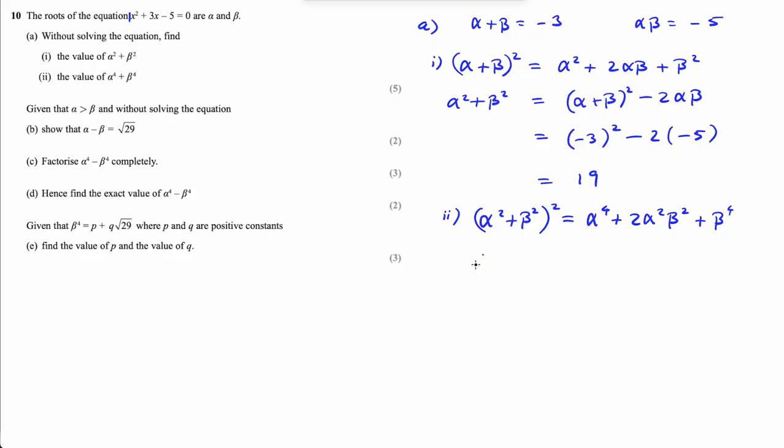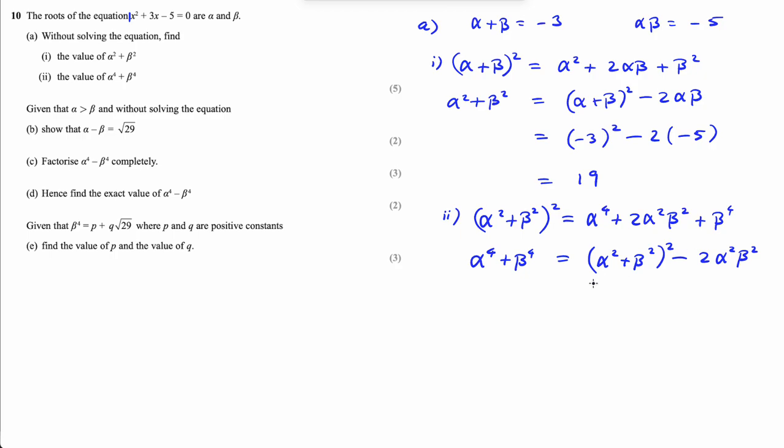And then in a similar way to what I did above, alpha to the 4 plus beta to the 4 equals alpha squared plus beta squared, squared, minus 2 times alpha squared beta squared.